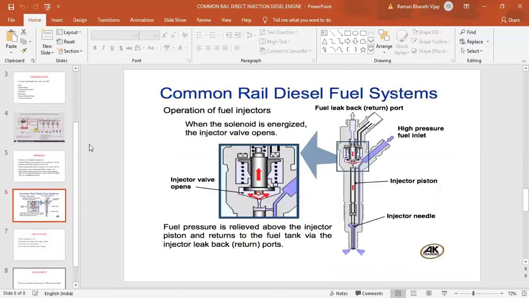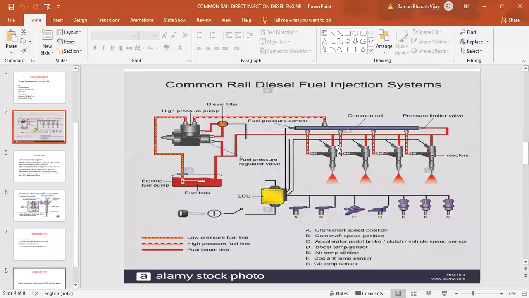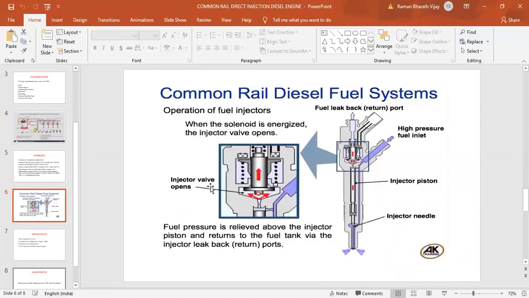See, this is a diagram. This is an injector. In the previous diagram, we had 4 injectors. If we separately zoom in and see this injector, we arrive at this slide. Okay. So understand, this is the basic principle. See, this is an injector.